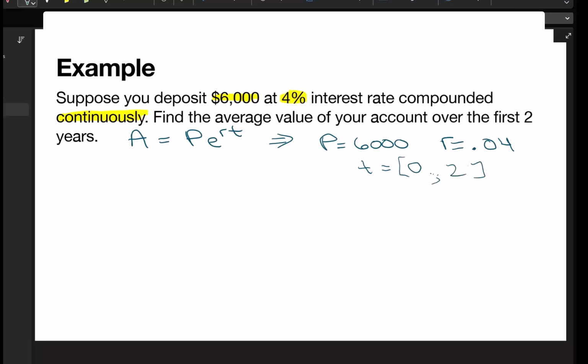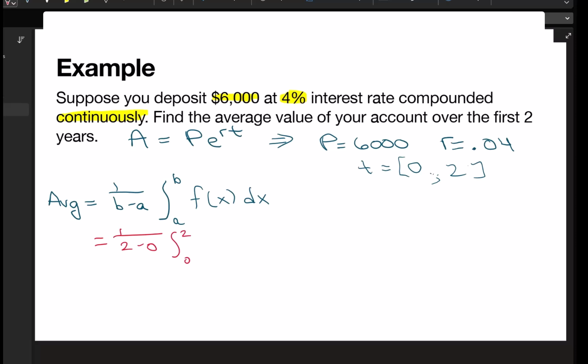Our formula says that the average is equal to 1 over B minus A times the integral from A to B of our function. 1 over 2 minus 0 times the integral from 0 to 2 of P, which is 6,000, e to the 0.04t power dt.